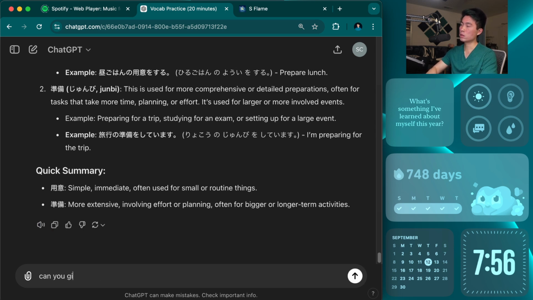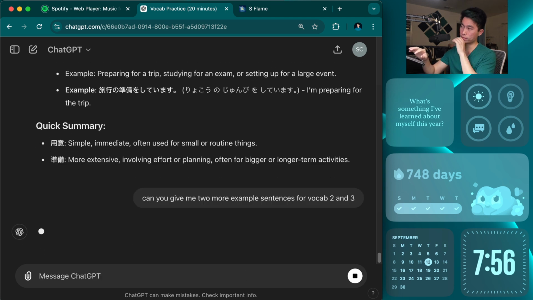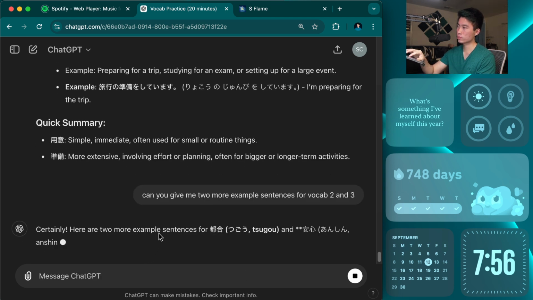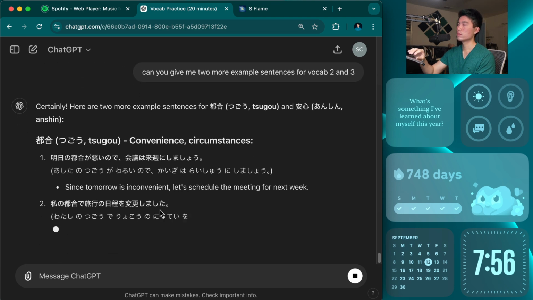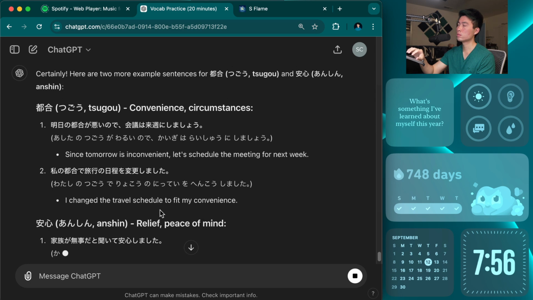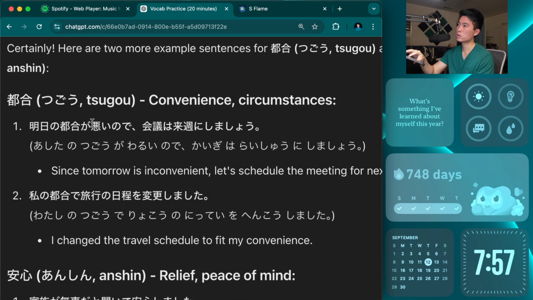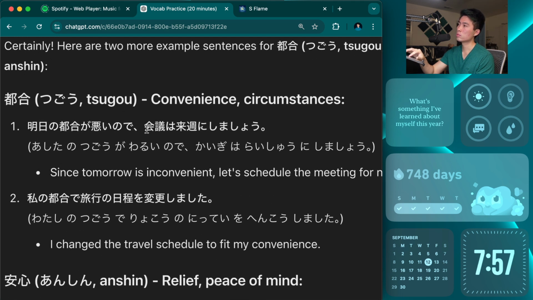Can you give me 2 more example sentences for vocab 2 and 3? 明日の都合が悪いので会議は来週にしましょう.